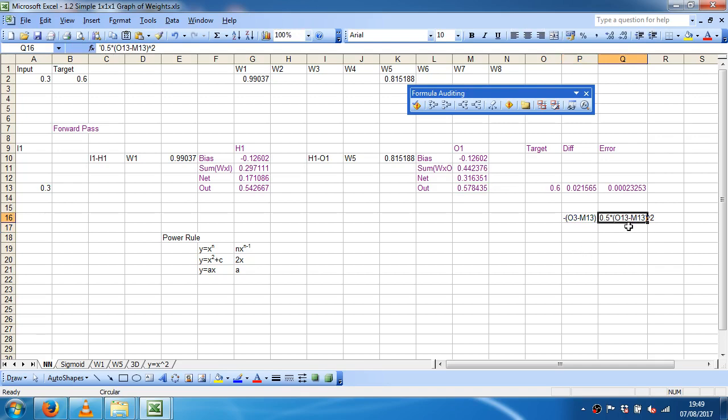Now, the thing to bear in mind here is that we actually took the target minus the output to work out the error. We could have just as easily done it the other way around and had the output minus the target. Because we're squaring it, it doesn't matter whether it's minus 3 squared or plus 3 squared, it's still going to give you 9. So if we'd done that the other way around, then, well, let's do it.